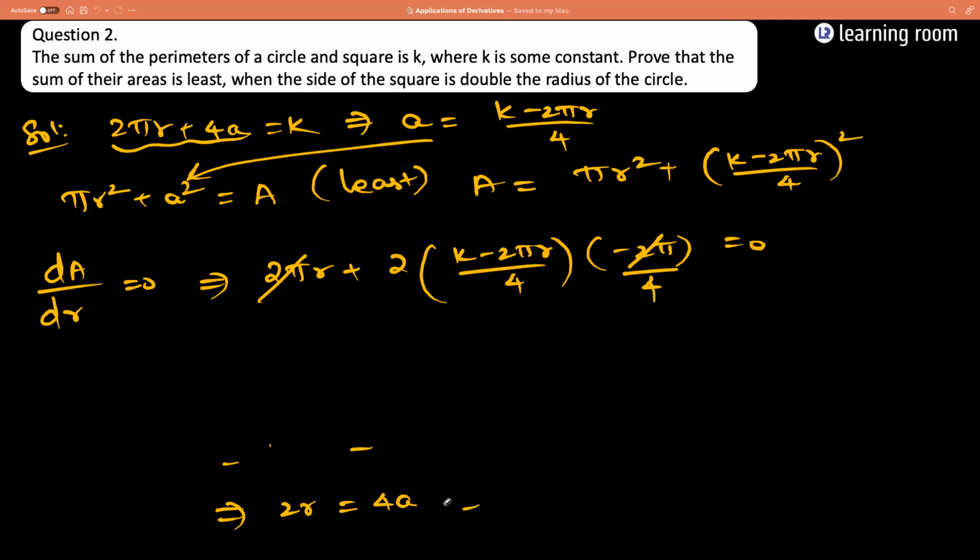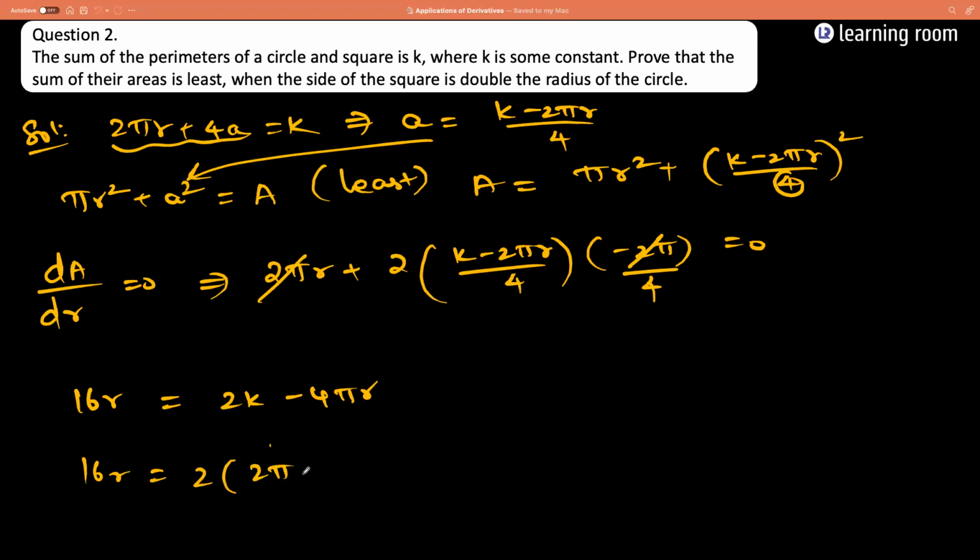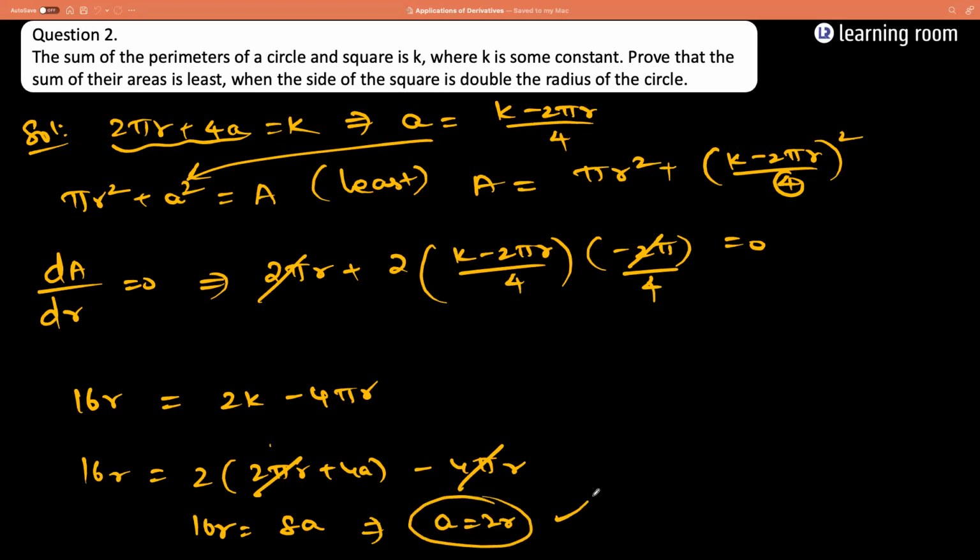Guys, did you observe what was the mistake? In the chain rule, this 4 was missed. So I will write 16r is equal to 2k minus 4 pi r. So 16r will be equal to 2 into k is 2 pi r plus 4a minus 4 pi r. So 2 pi r into 2 minus 4 pi r will get cancelled. So 16r is equal to 8a, which implies a is equal to 2r.